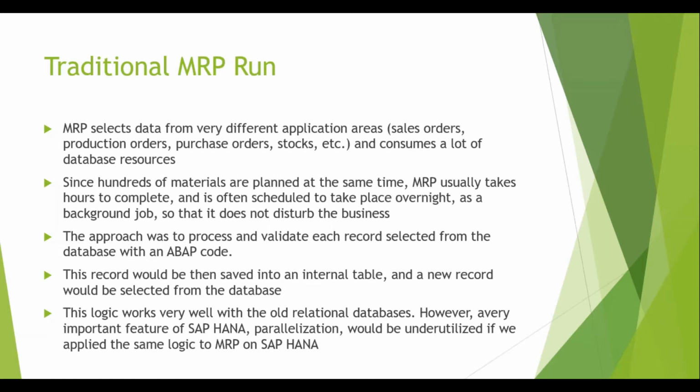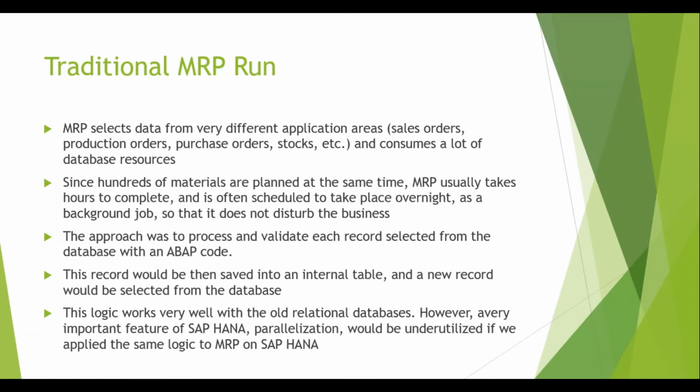So the approach was to process and validate each record selected from the database with ABAP code. This record would then be saved into the internal table and a new record would be selected from the database, so one by one. This logic works very well in old relational databases. So we were using this logic and it was working very well. However, SAP HANA has a very important feature called parallelization.